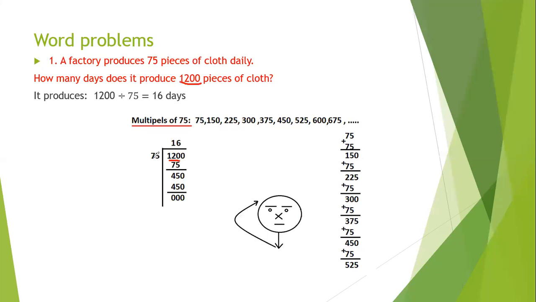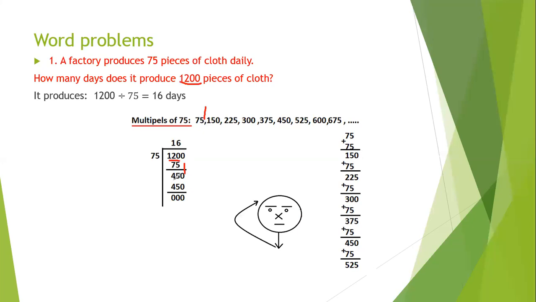Then divide by 75. 120, it's here. How many multiples before 120? Yes, it's only one multiple. So write 1. After that, multiply 1 by 75 equals 75. Let's subtract, 120 minus 75 equals 45. Bring down 0.